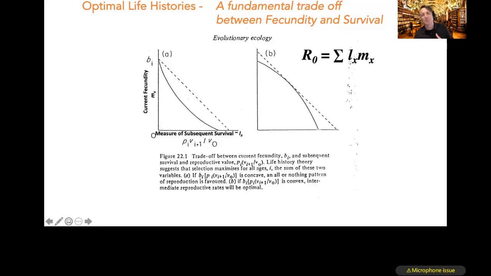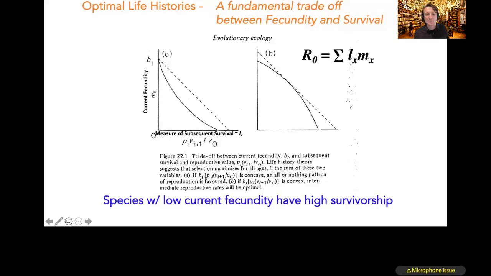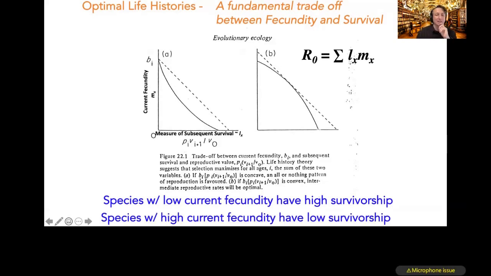You can't be highly fecund and have a high survivorship. On the other hand, you can't have a low survivorship and also have a low fecundity. Species with low current fecundity have high survivorships, and species with high current fecundity have low survivorships.